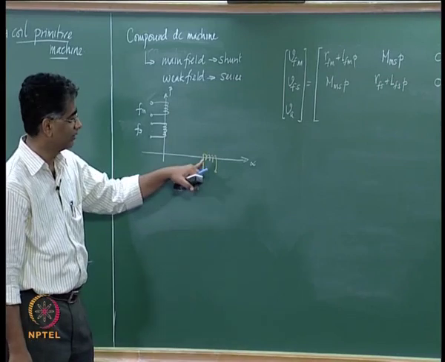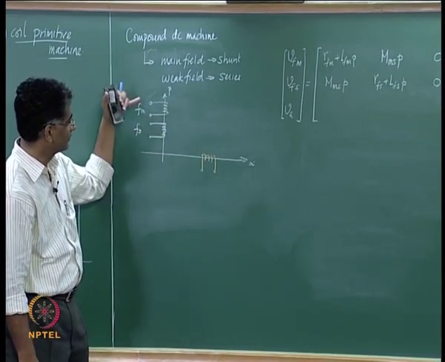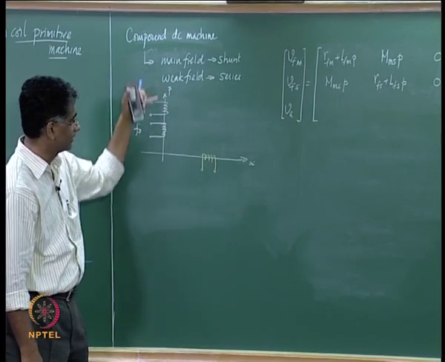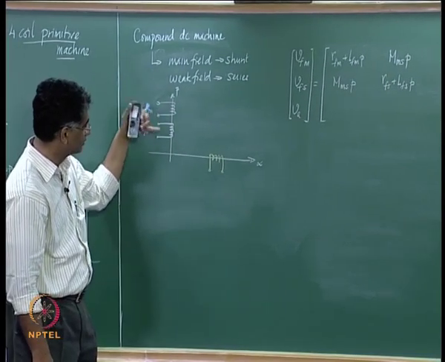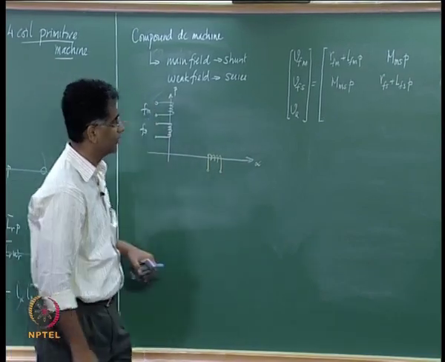Now, VA, this is a fictitious coil and therefore it would have speed EMFs due to those that are here, and there are these two coils on this axis, therefore there will be speed EMF terms due to both of them.